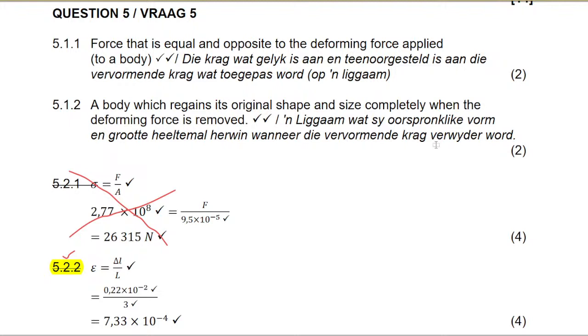So the first one, I think it will be justified for this one to be 2 or 0: a force that is equal and opposite to the deforming force applied to a body. I'm not sure, Mr. Nambane, is it 2 or 0 normally?